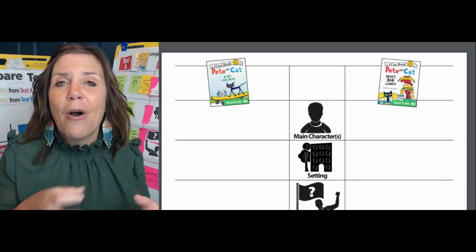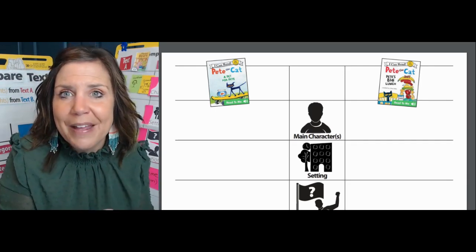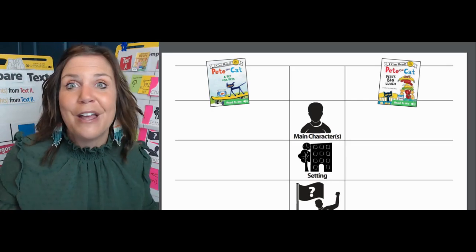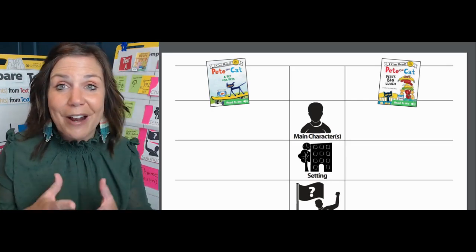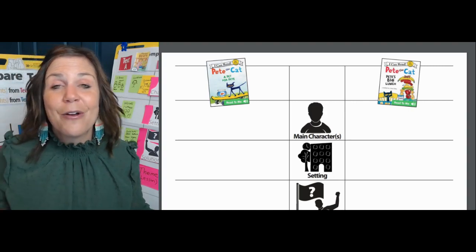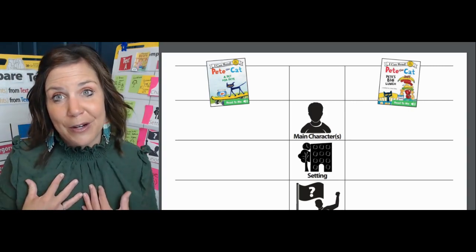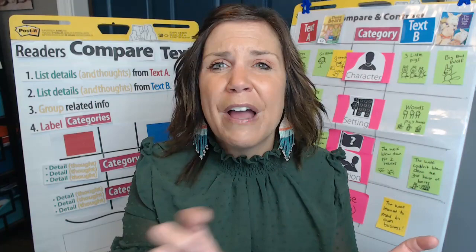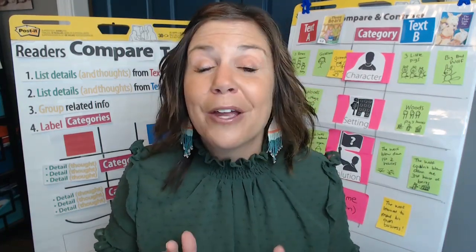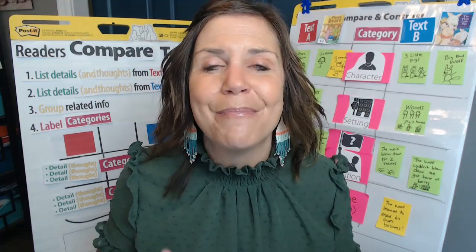So write about what characters are the same and then what characters are different. You could write a sentence about who's the same in each book and write a sentence about what's different about the characters. Okay, so that's what I would have you do if you were in Mrs. Longmire's class. Write about one or two of those rows from your T-chart last time. But your teacher might have an even better idea.